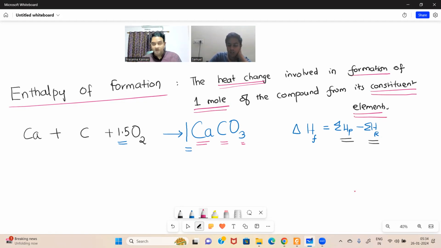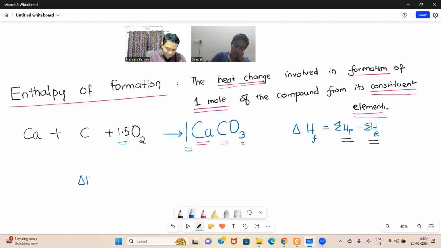One more point that you can note down in enthalpy of formation is that the enthalpy of formation of compounds in their naturally occurring state is 0.